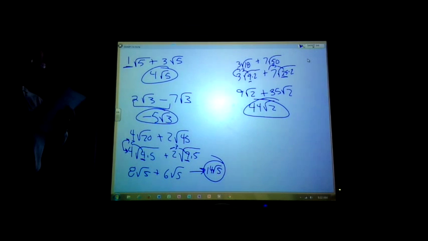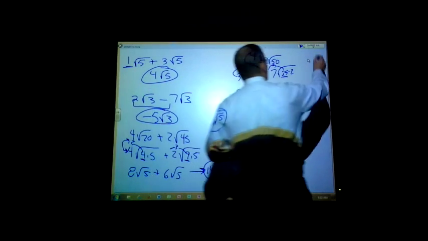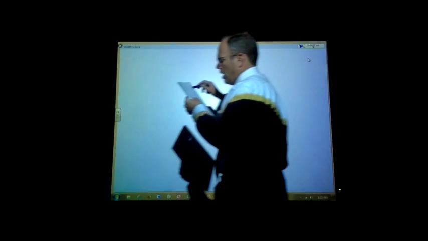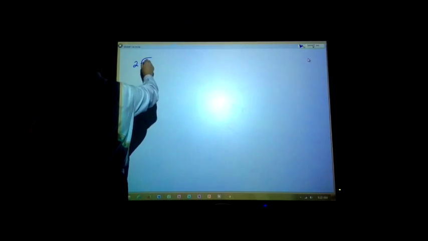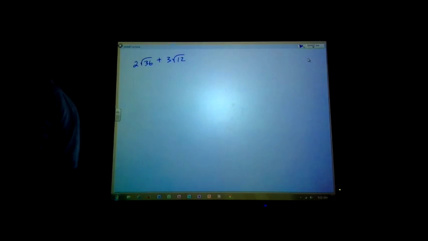Seem okay so far? Can I clear these? All right. 2 root 36 plus 3 root 12. Let's take a second, try and work it out a little bit. How are you going to work this out?